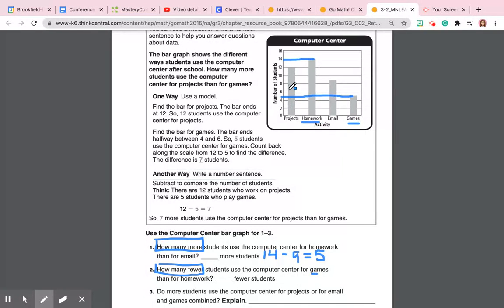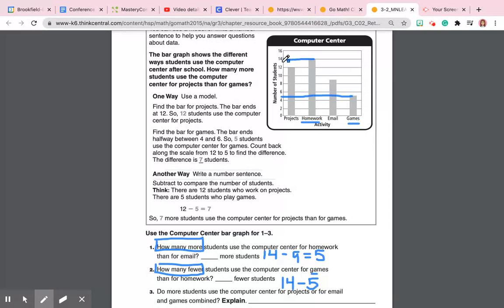Halfway between 4 and 6 is the number 5. So I'm going to start with my bigger number, which is 14, and I'm going to subtract 5, which is my smaller number. I can also do this on my graph.